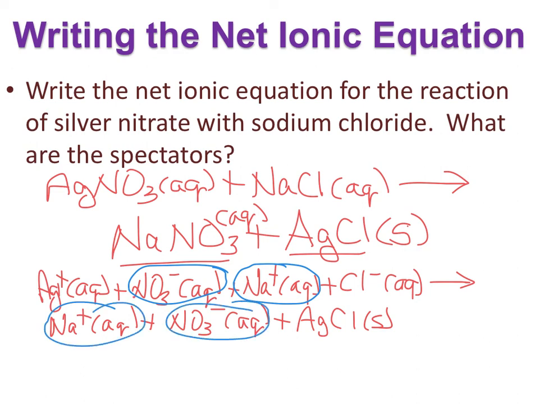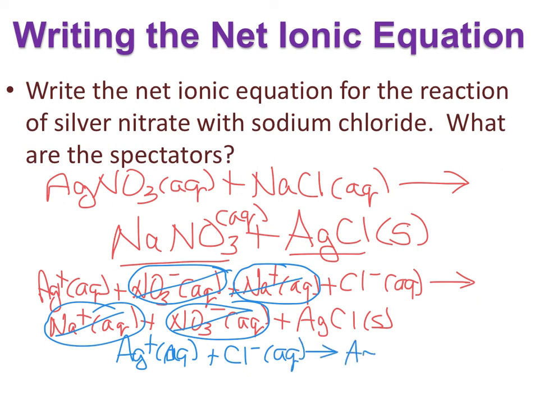These must be the spectator ions, leaving the net ionic equation Ag+ aq plus Cl- aq yields AgCl s.